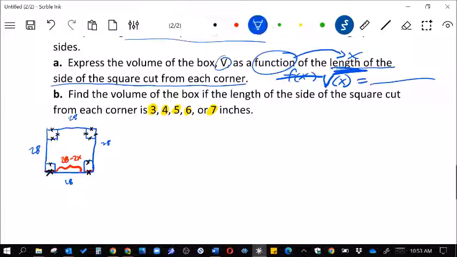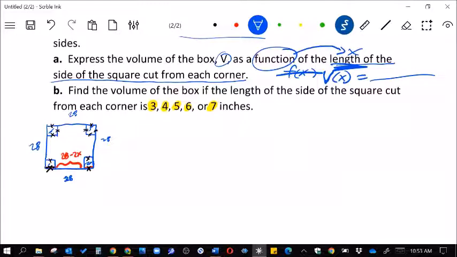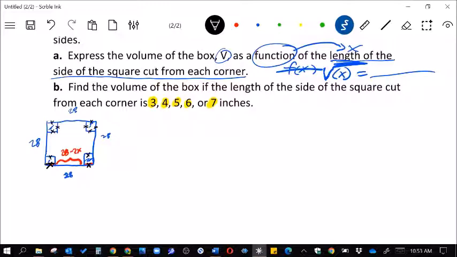All right, now let's think about what that means. These parts have been cut out, and then the sides have been folded. So when you fold up the sides, we've got something that'll be another square, because all the sides are 28 minus 2x. That's for here and here and here, as well as there. So now what we have is a box.